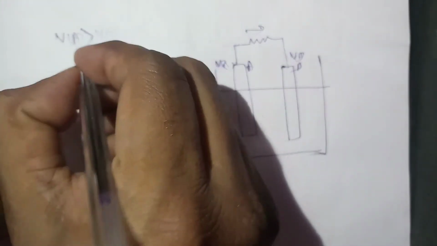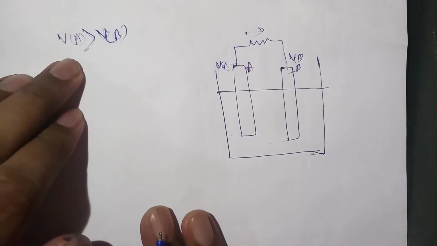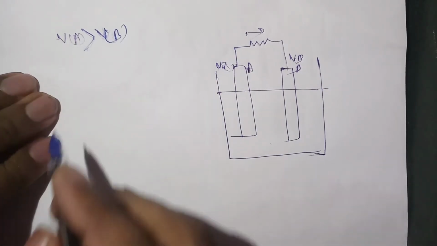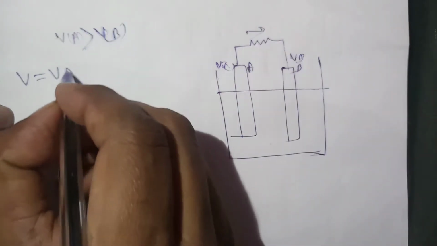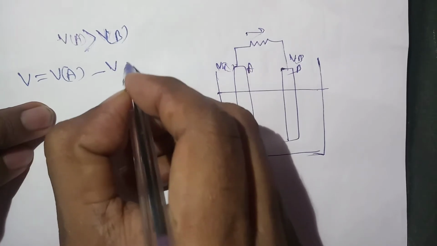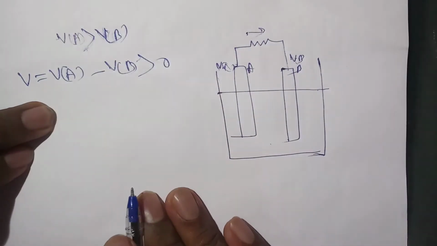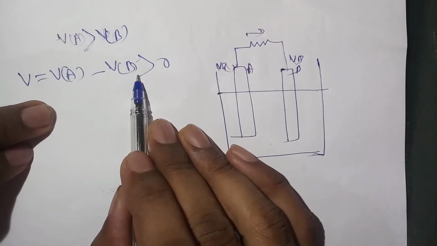So the potential difference V is given by potential of A minus potential of B. So this should be more than 0, that is, VA should be greater than VB.